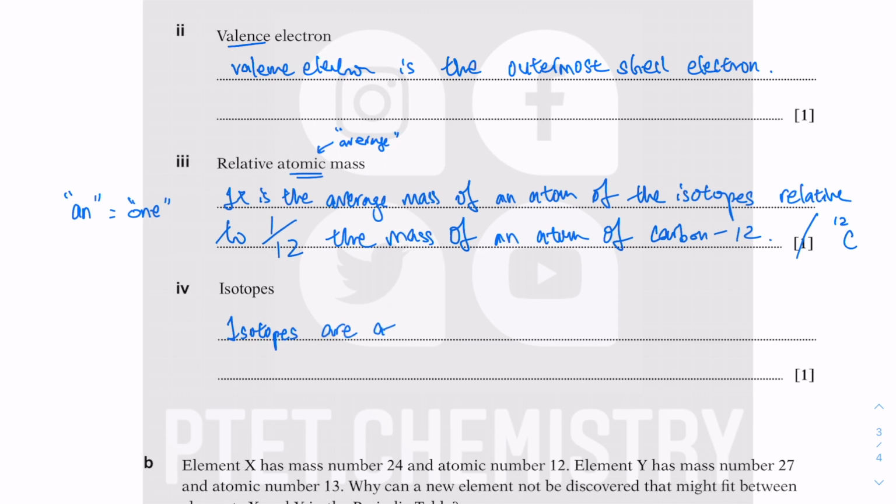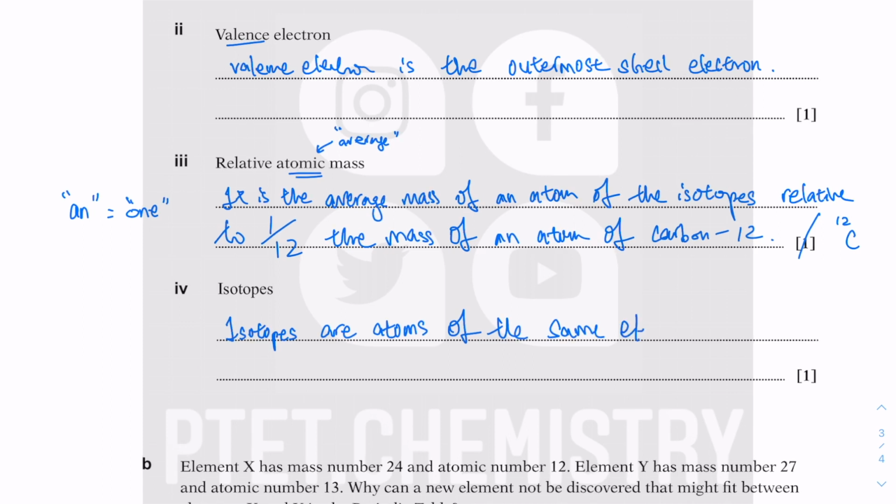Isotopes. Isotopes are atoms of the same element that have the same number of protons but different number of neutrons. So it's to do with what is the same and what is different.